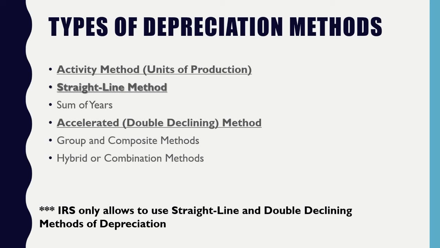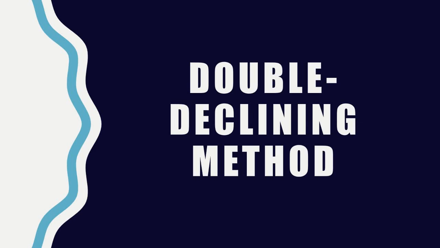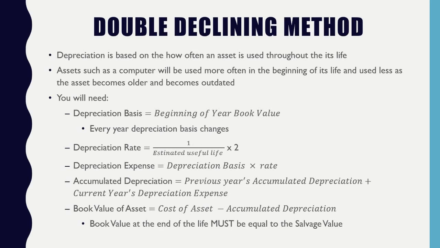So we're going to be taking a look at accelerated, or also known as double declining method, okay? They're interchangeable. So whether it's accelerated or whether it's double declining, they both mean the same thing. But here, we have to understand what is so important about using the double declining method. Well, here is the idea here. The formula is different for sure.